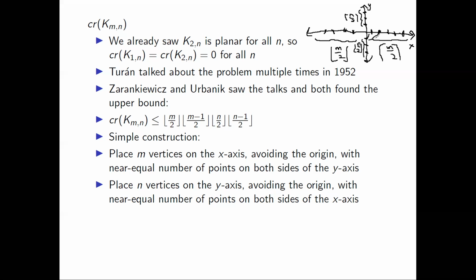So the way I've drawn it, connect all of these, and so on. So I'll just do one quadrant of this. So you can see there's a lot of crossings in there.